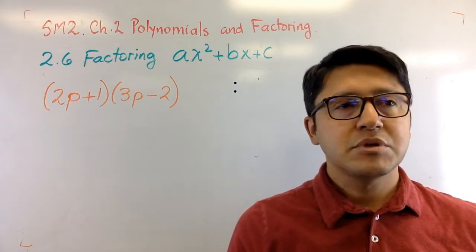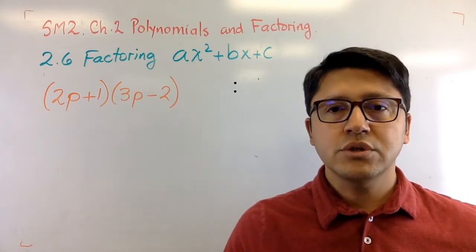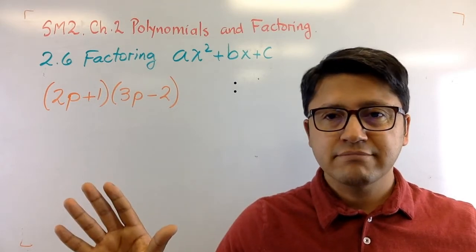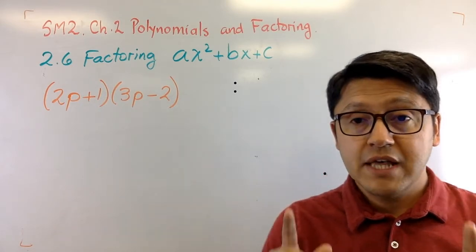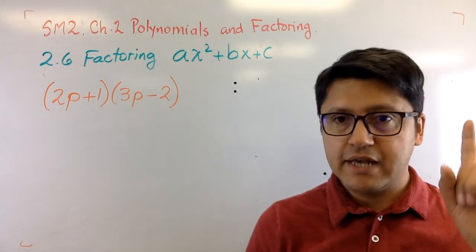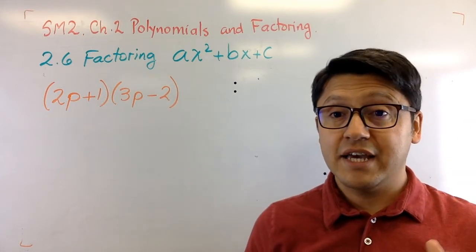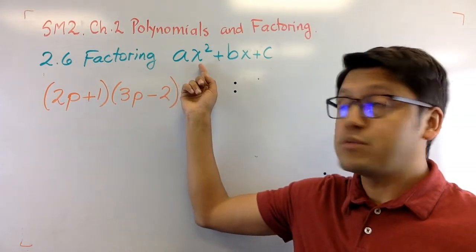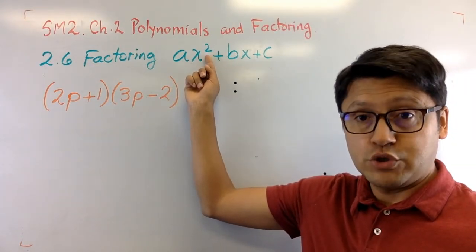This case is a little bit more complex, so I'm going to teach you a technique. If you learn the technique, that's going to be totally fine. All right? So let's go for it. This type of trinomial, first thing, has to be a trinomial. Second thing is degree 2, which means that the highest degree in terms of exponent is 2.